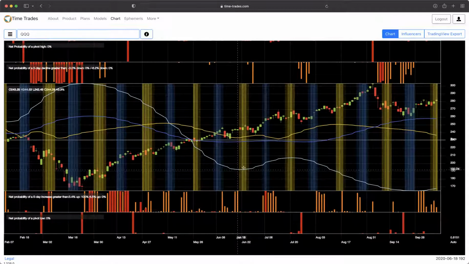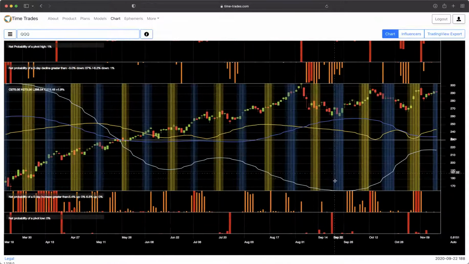So here again is an example of light blue. We've got light blue changing direction around June of 2020, and the market reacted a little bit for a few days after that, okay? But light blue also is very powerful at the extreme.